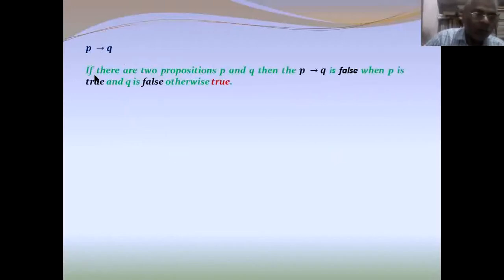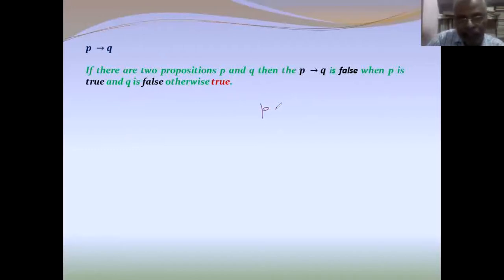Now we discuss the conditional connectives one by one. P implies Q. If there are two propositions P and Q, then P implies Q is false when P is true and Q is false, and in all other cases it is true. What is the meaning?